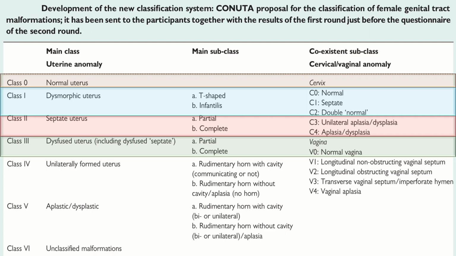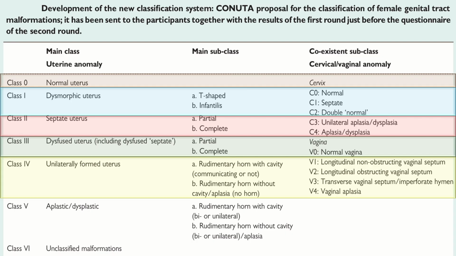Associated anomalies in the vagina: V0 is with normal vagina. Class 4 is unilaterally formed uterus, which can be the one having a rudimentary horn with cavity or a rudimentary horn without cavity. Coexisting anomalies include V1, which is a longitudinal, non-obstructing vaginal septum.